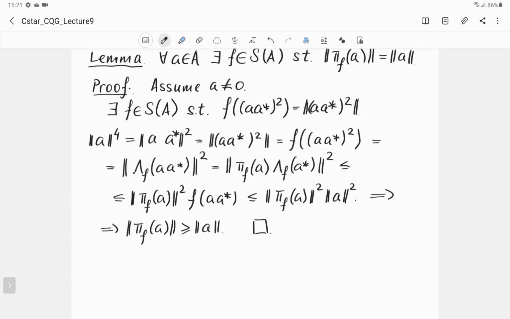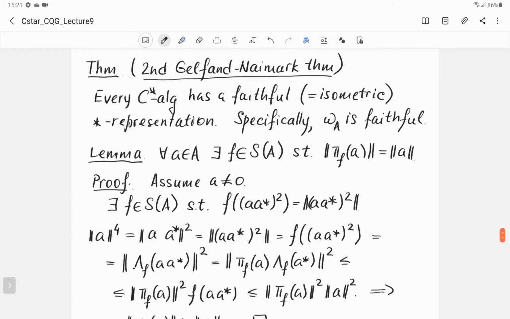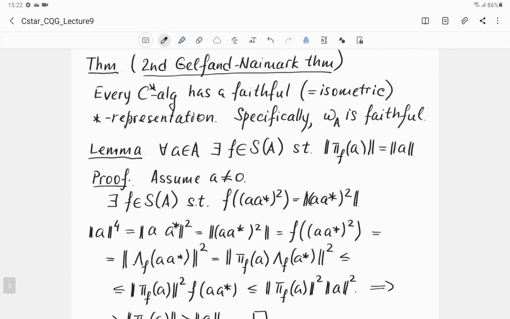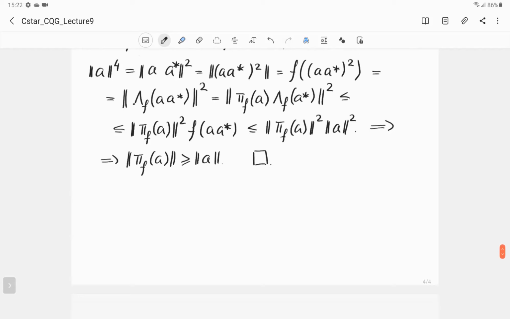Okay, now by using this lemma, it's easy to prove the second Gelfand-Naimark theorem. So we want to show that omega is faithful. Actually, we will prove that omega is isometric. And this is just a line.